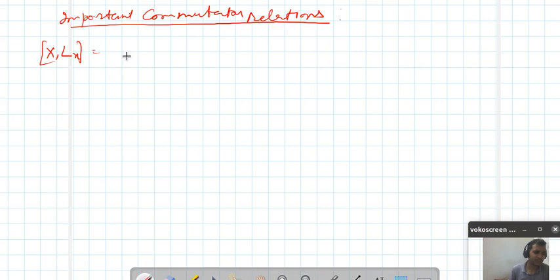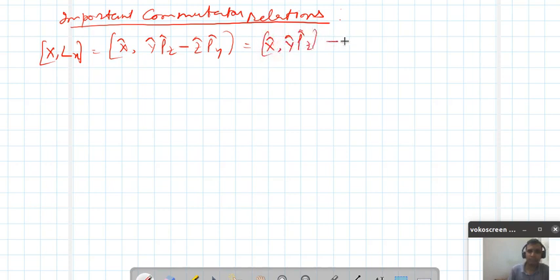Let me try to solve it. So this is x comma ypz minus zpy, this is one commutator, and let me try to simplify it. This can be simplified as x with ypz, its commutator, minus x with zpy, right?